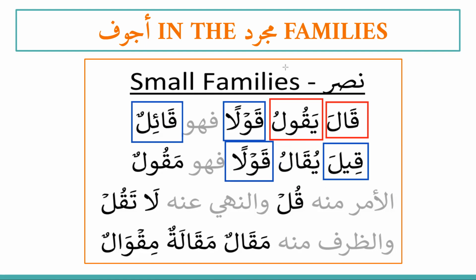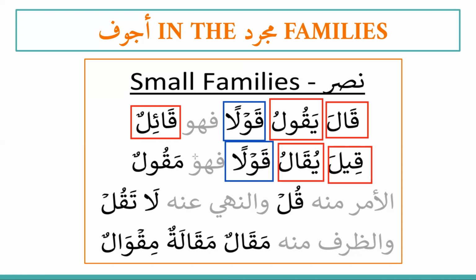Let me make the change. The word forms having changes or irregularity are ism fa'il, past passive, فعل ماضي مبني للمجهول, فعل مضارع مبني للمجهول, اسم مفعول. Then we already did in the last lesson the commanding form and the forbidding form.